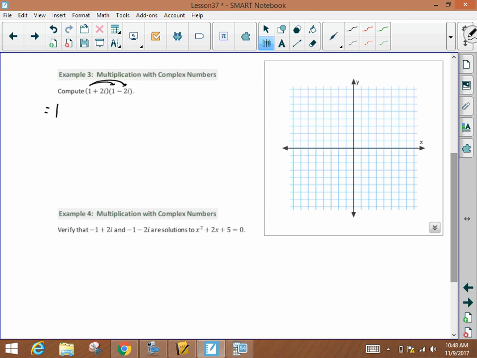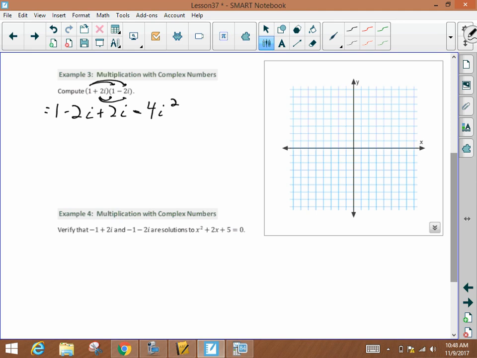Yeah, so 1 times 1 is going to be 1. And then 1 times negative 2i will be negative 2i. And then 2i times 1 will be 2i as well. And then I have a negative times a negative, it's going to be a negative. And then I times I, well 2 times 2 is 4, and then I times I is I squared.